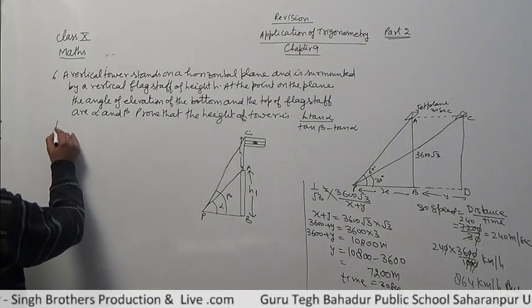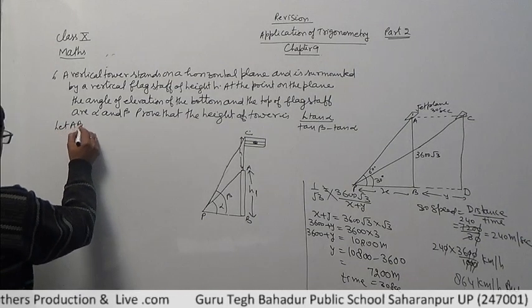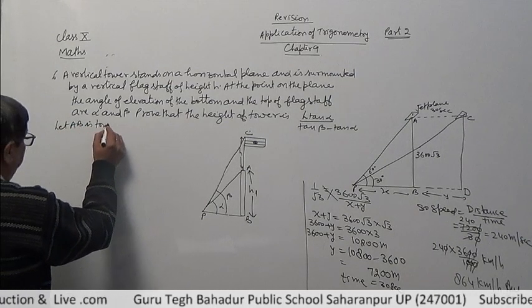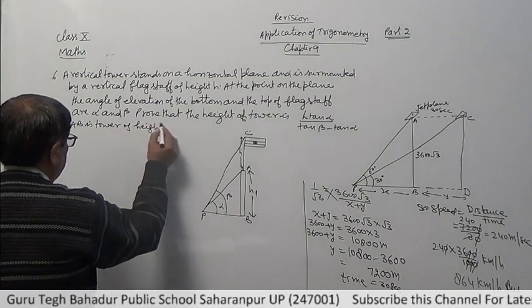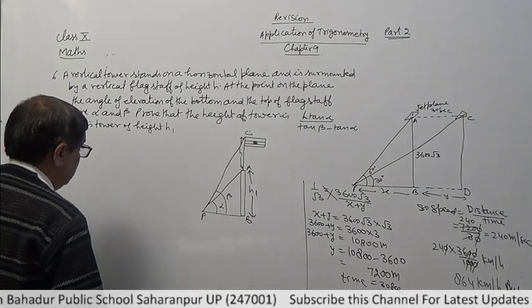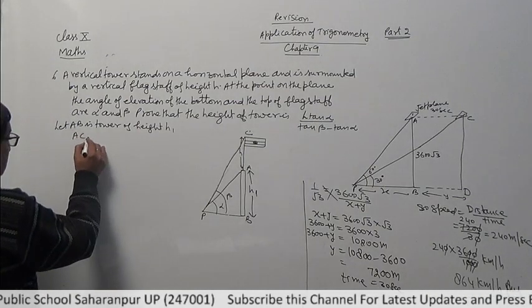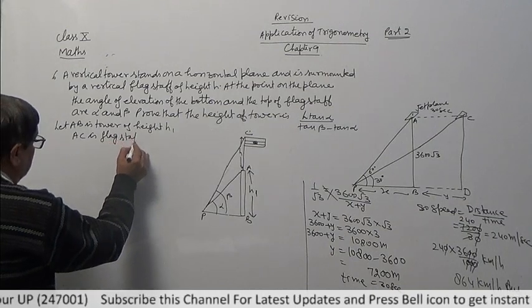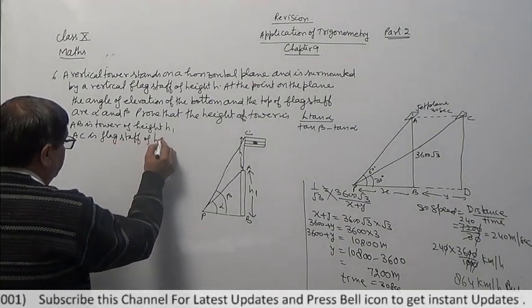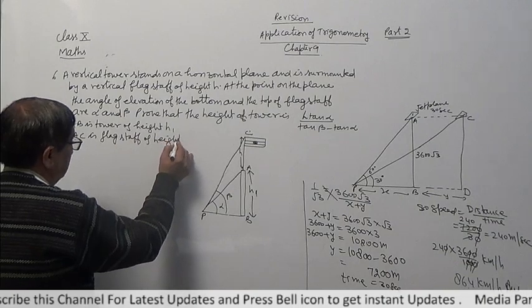Let AB be the tower of height h1, AC the flagstaff of height h.